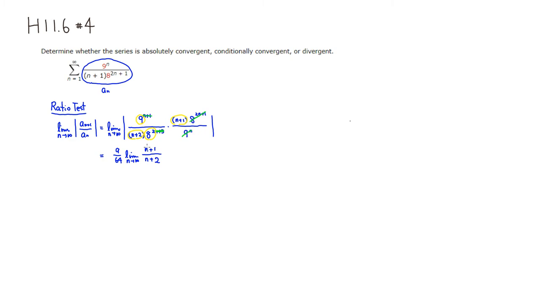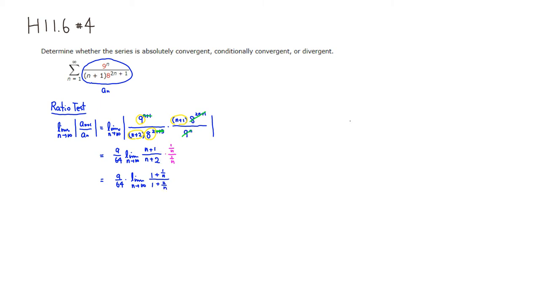For this one, all you have to do is divide the numerator by n and the denominator by n as well, so we get 9 over 64 times the limit as n approaches infinity. n divided by n is 1, 1 divided by n is 1 over n, n divided by n is 1, 2 divided by n is 2 over n.